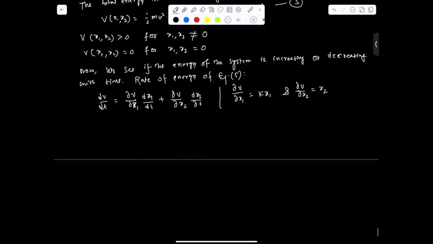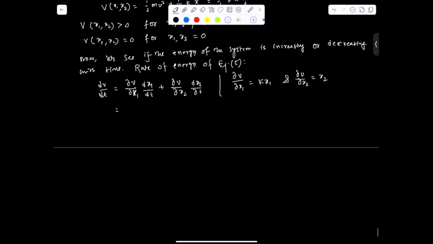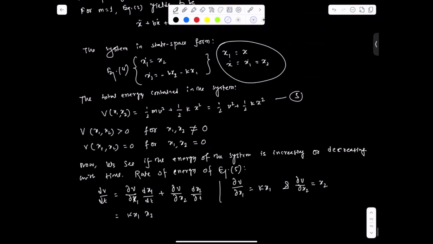Now substituting these values in this equation, ∂V/∂x1 is kx1, and x1 dot we can write x2, which is already defined here.